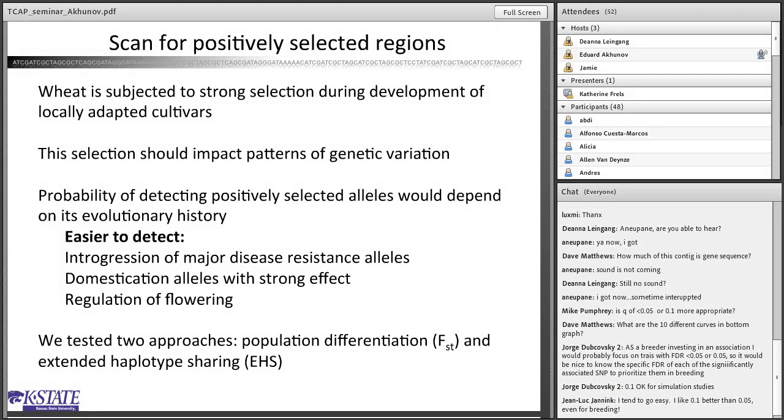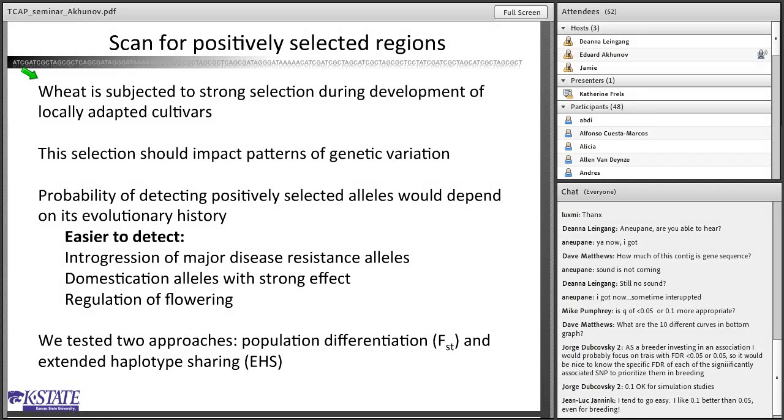During breeding, as breeders, we are strongly selecting for a specific set of alleles during the development of locally adapted cultivars, and if there is a strong selection on a specific phenotype that is controlled by a specific set of alleles, then apparently we somehow impact the regions of the genome that contain the gene that is controlling this trait more strongly than other parts of the genome.